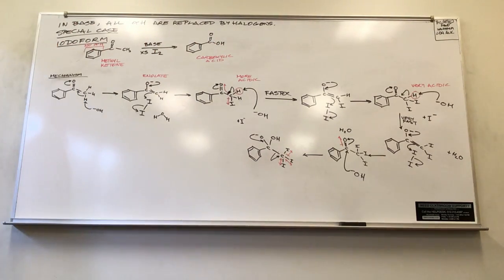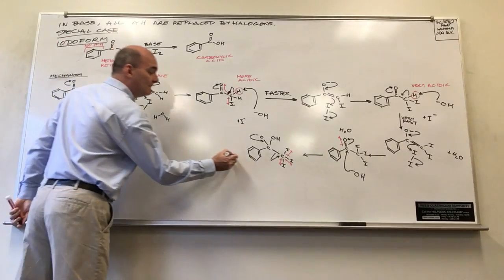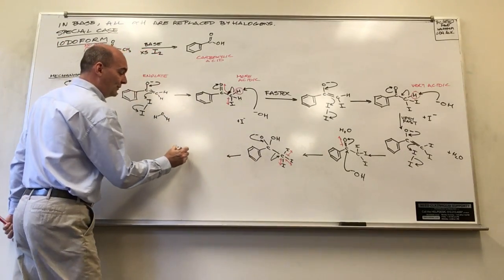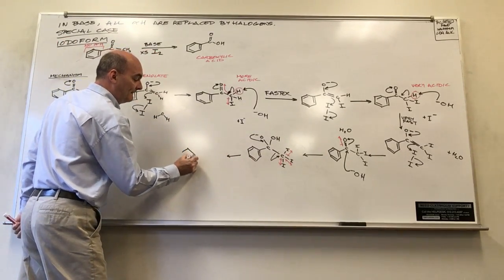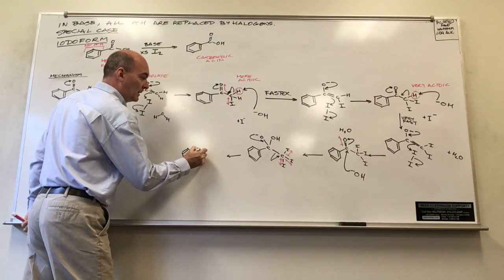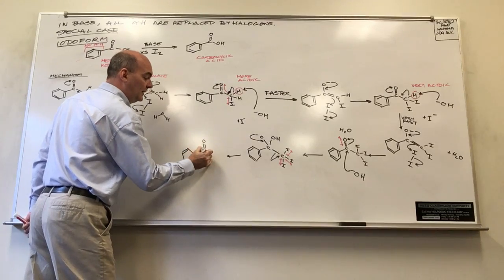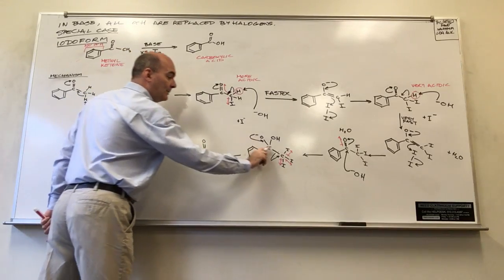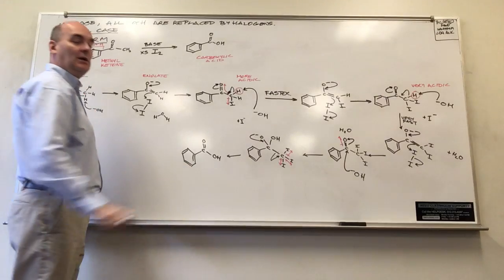This is our first and only example. Well, the Baeyer-Villiger has a carbon-carbon migration. We're actually going to break this bond. There's so much electron withdrawal there. When I reform that carbonyl, break that bond, oh, that's my carboxylic acid.